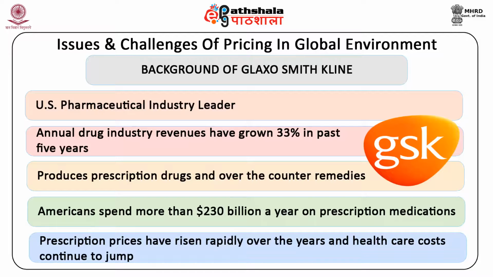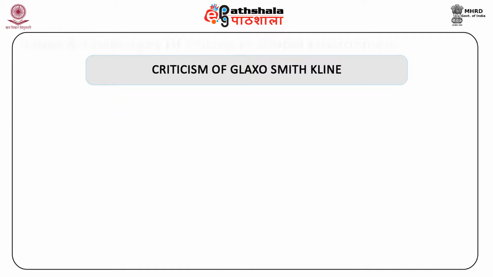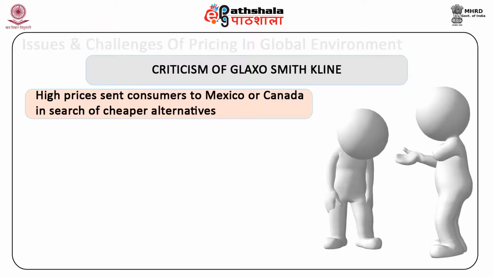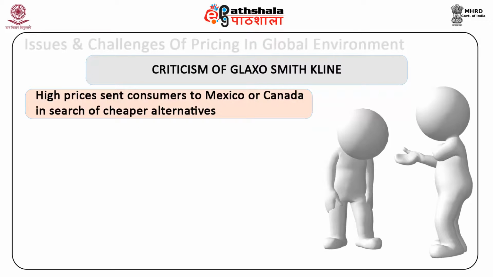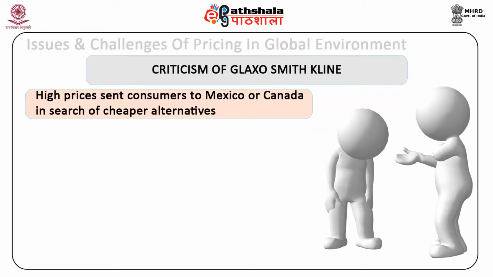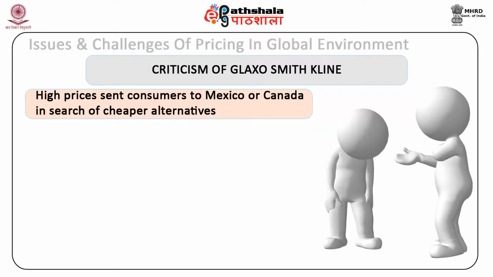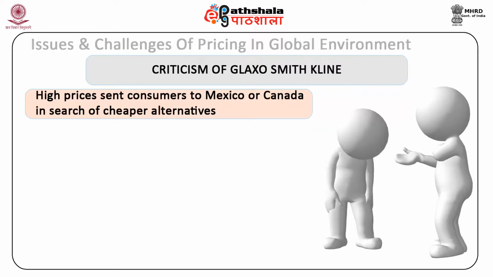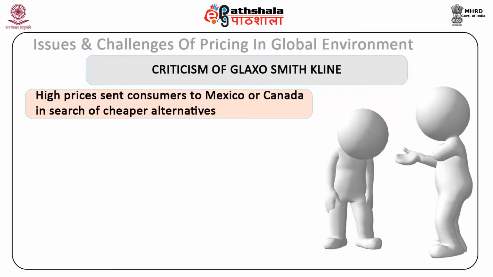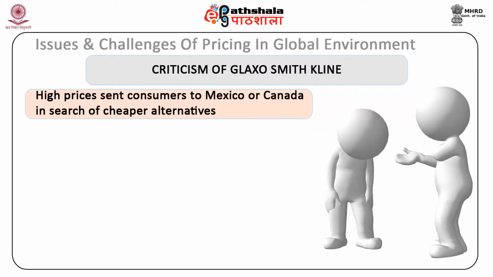Prescription prices have risen rapidly over the years, and healthcare costs continue to jump. Criticism: first, high drug prices have sent many consumers, especially those with limited budgets and fixed incomes, to Mexico or Canada in search of cheaper alternatives.